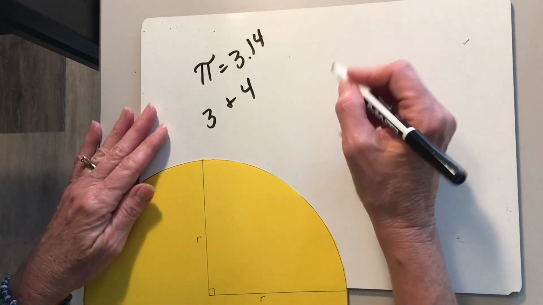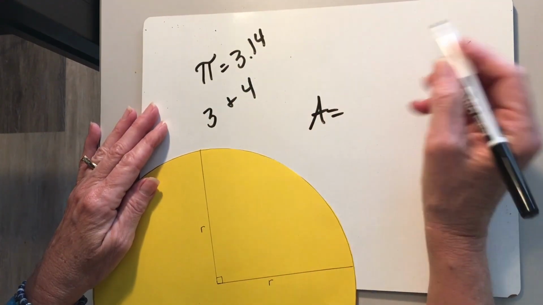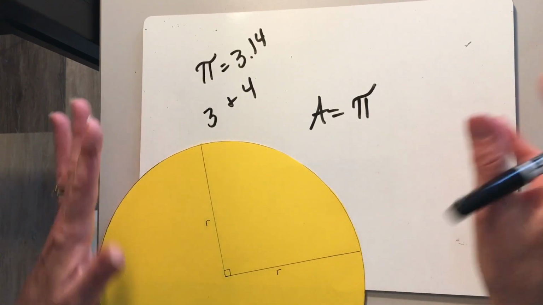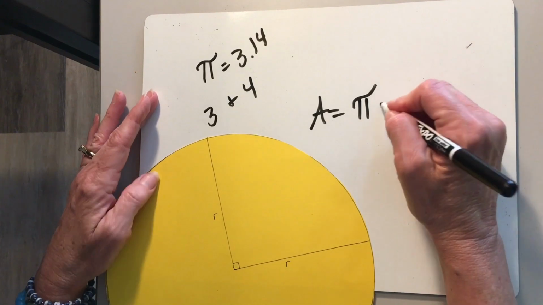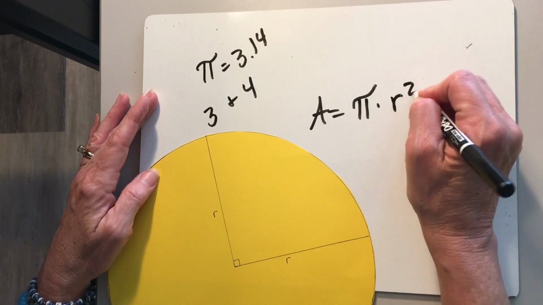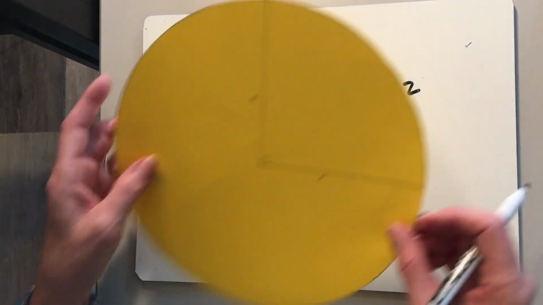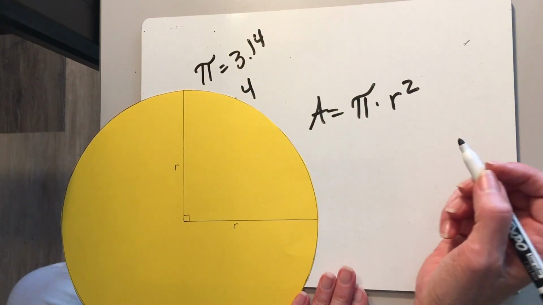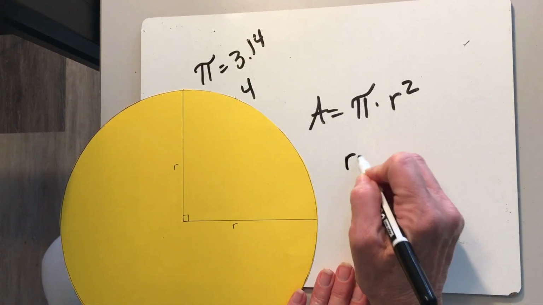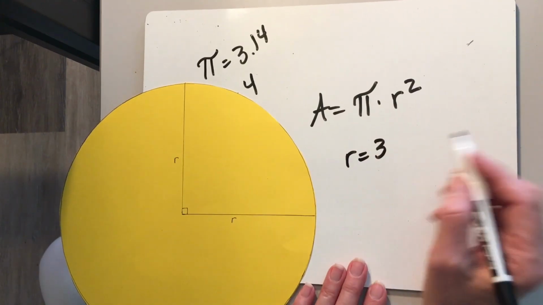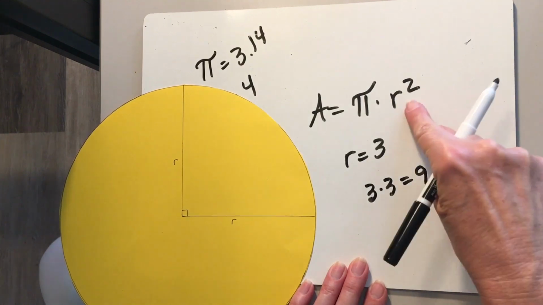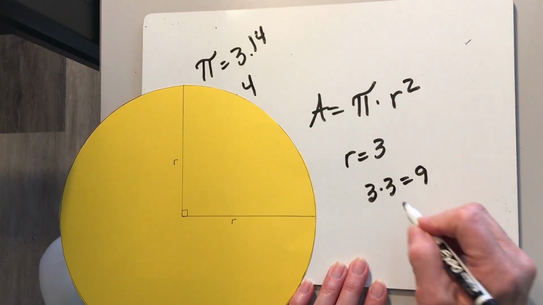And we're going to say that the area of a circle is equal to pi, which is between 3 and 4, which we found between 3 and 4 squares, times r squared. And that is the formula for a circle. So if we did find out what the answer was for r equaling 3, we would multiply 3 times 3, which is 9. That's our r squared. And then multiply it by pi.